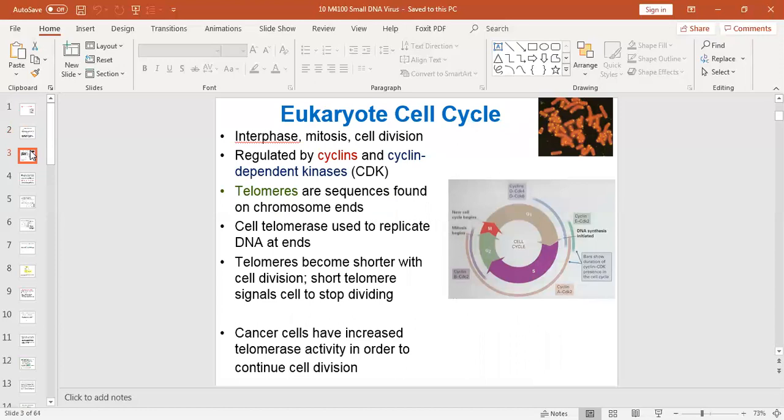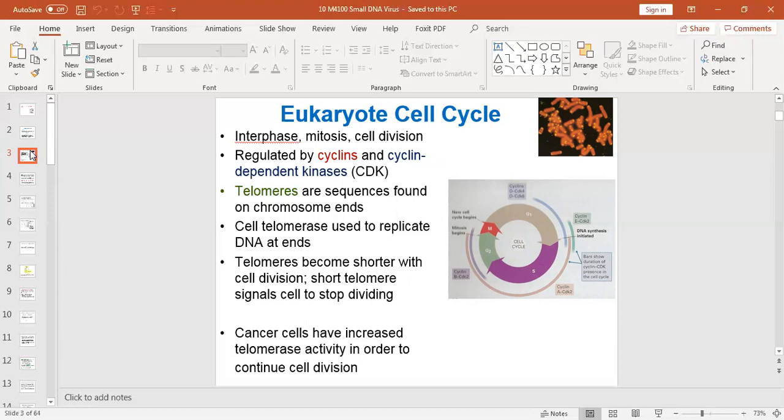Eukaryotic cell cycle. The cell cycle occurs during interphase, mitosis, or cell division. The eukaryotic cell cycle is a tightly regulated process. There are a series of proteins that regulate the cell cycle. These are called cyclins, and a group of enzymes, kinases, which are capable of transferring high energy phosphate groups, are called cyclin dependent kinases.